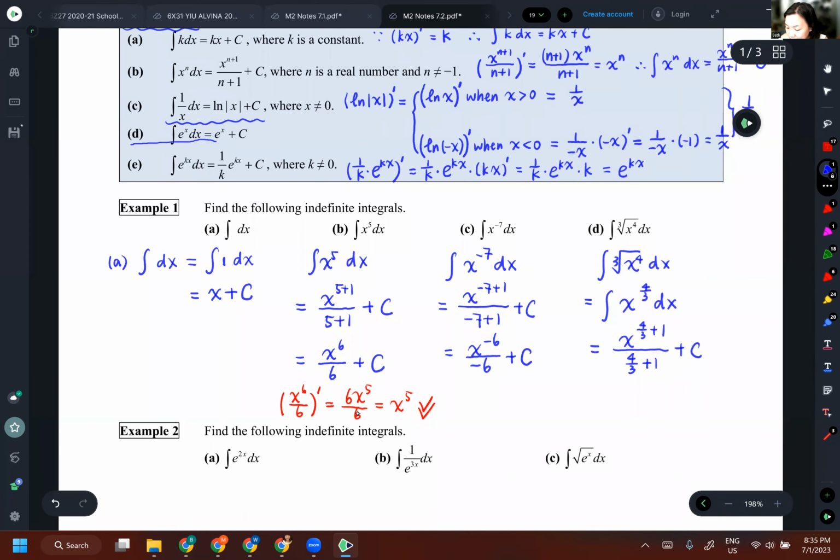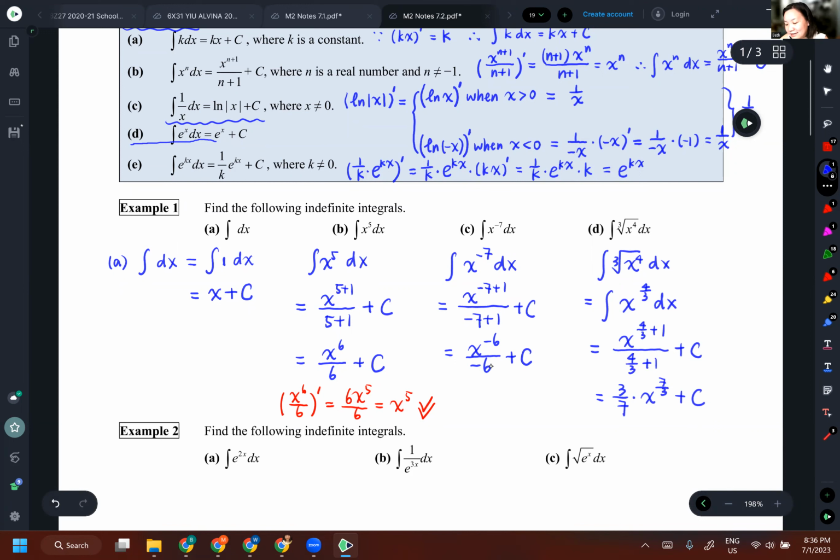Now this time, a fraction inside a fraction is not allowed. So you must do 3 over 7, x^(7 over 3). The fraction inside a fraction must be changed to 1 fraction. That is the protocol.